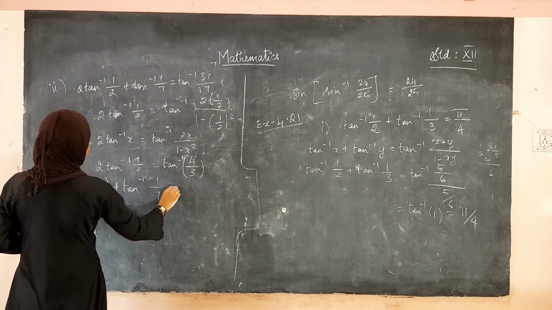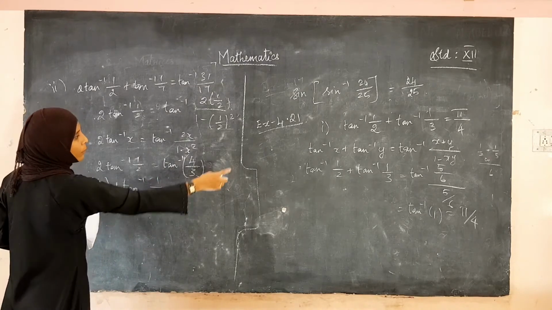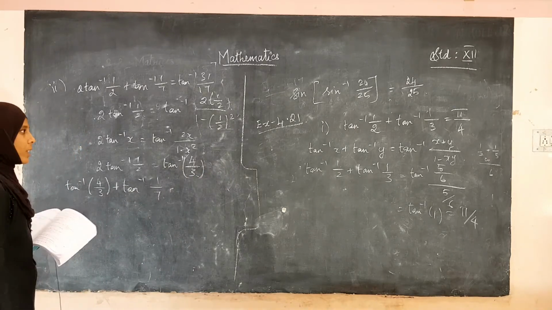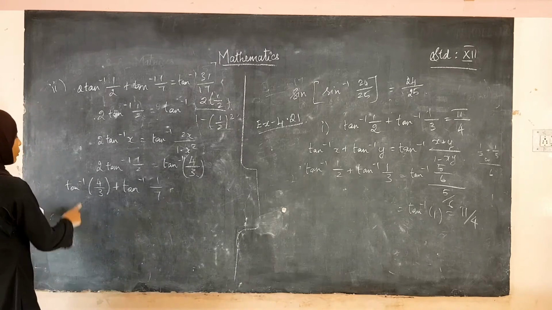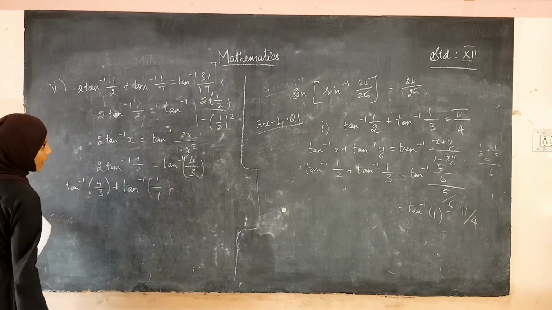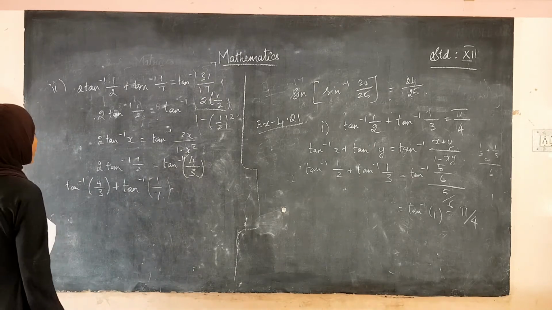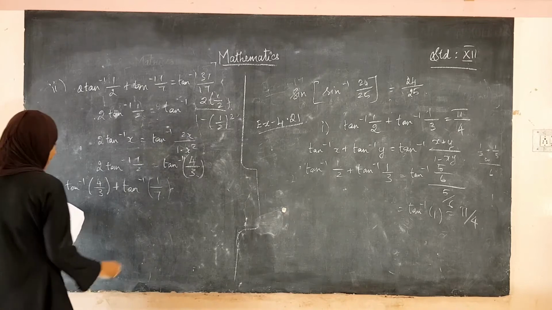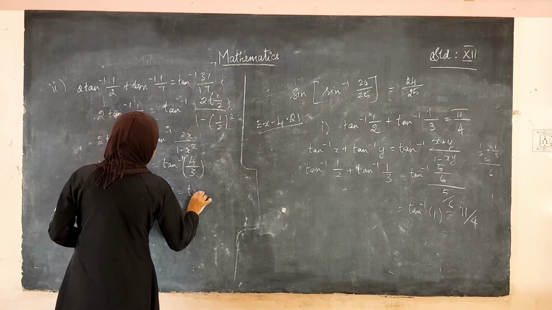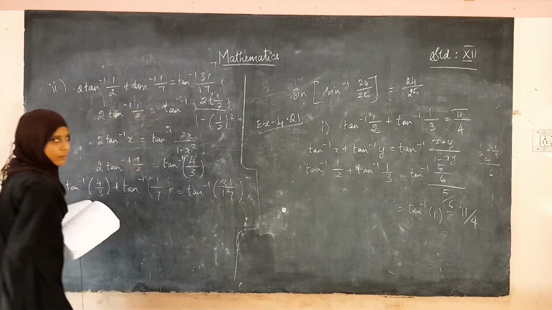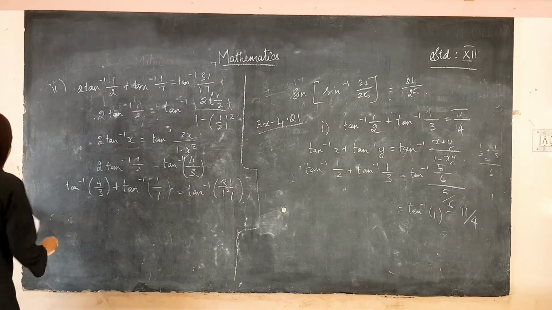Using the formula tan inverse of x plus tan inverse of y is equal to tan inverse of x plus y divided by 1 minus xy, we get tan inverse of 4 by 3 plus 1 by 7 divided by 1 minus 4 divided by 21. When we solve this, we will get the answer as tan inverse of 31 divided by 17. Now, let us see the next example.